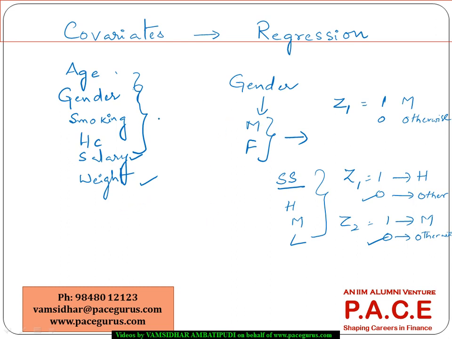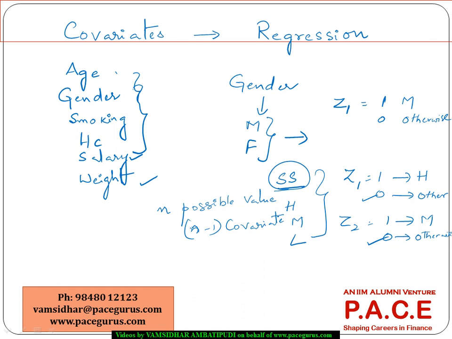So basically, if any particular category is having n possible values, I can create n minus 1 covariates, each having a value either 1 or 0, depending on whether it belongs to that group or does not belong to that group.